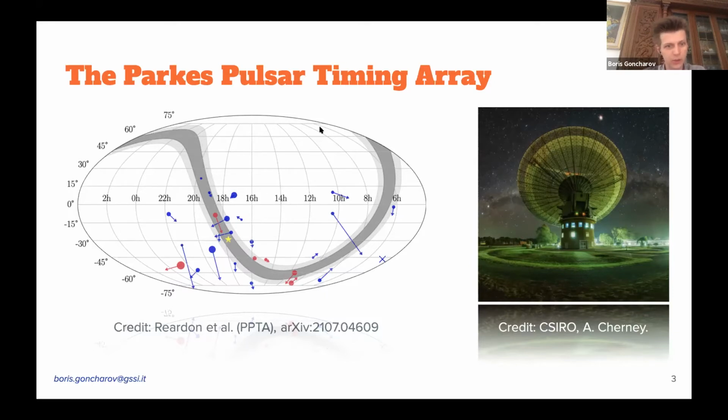These circles on the left represent the sky positions of the pulsars, with the arrows representing their motion across the sky, and some other things, like the color, which represents the extension of the data set to the very early data at Parkes, and so on. You can find more details in the publication, for which I provided an arXiv link below.